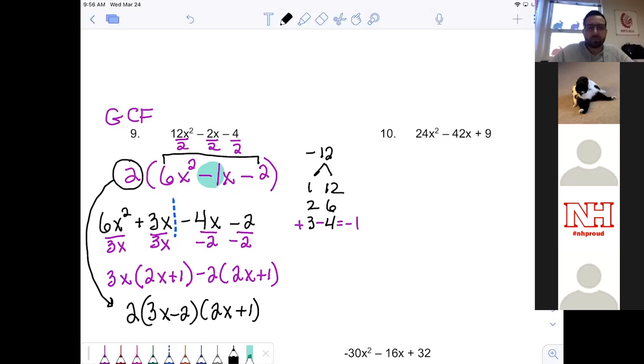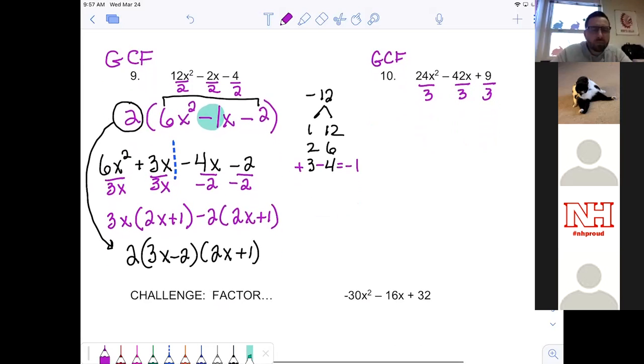Do you know what that GCF would be, Michael? 3. Yeah, so here they're divisible by 3. So 9 and 10 are going to be done in the exact same method. So divide by 3, and then you'd factor it the same way.